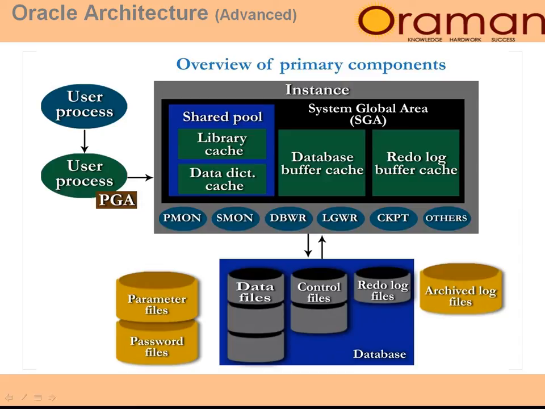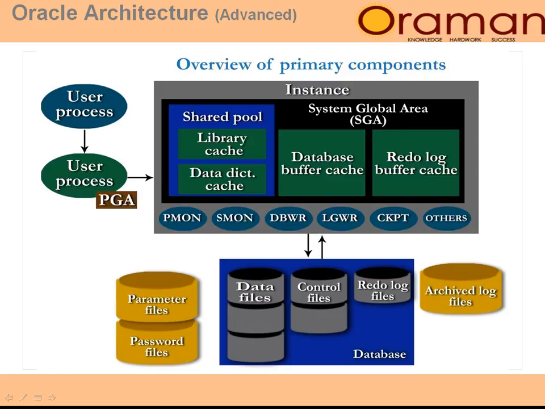When it comes to the background processes, we have pmon, smon, database writer, log writer, checkpoint, and others. In the system global area, again, there are divisions where you have database buffer cache, redo log buffer cache, and a shared pool. In the shared pool, you have library cache and data dictionary cache.